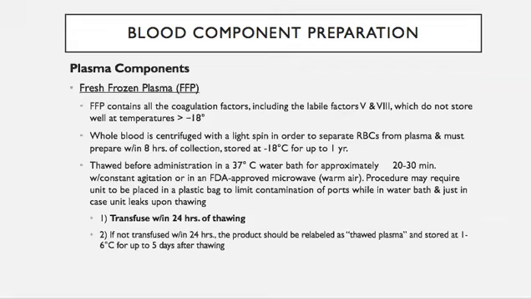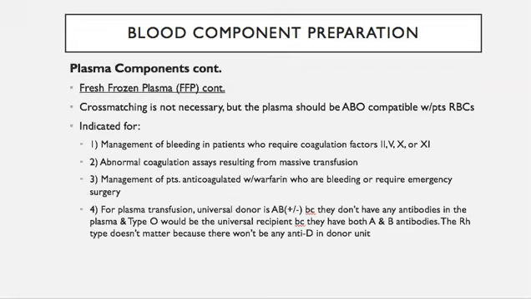Once the unit has been thawed, it has to be transfused within 24 hours, and if it's not, the product should be relabeled as thawed plasma and stored refrigerated for up to 5 days after it's thawed. Cross-matching for FFP is not necessary, but the plasma should be ABO compatible with the patient's red cells.